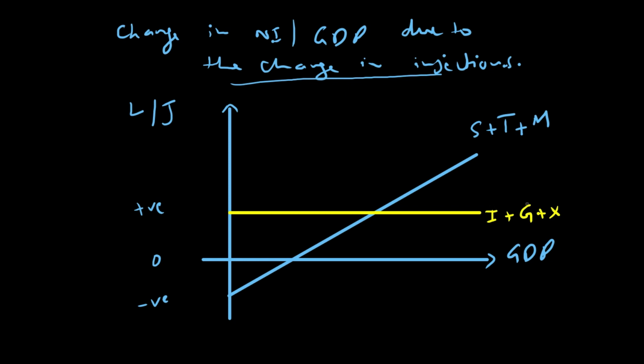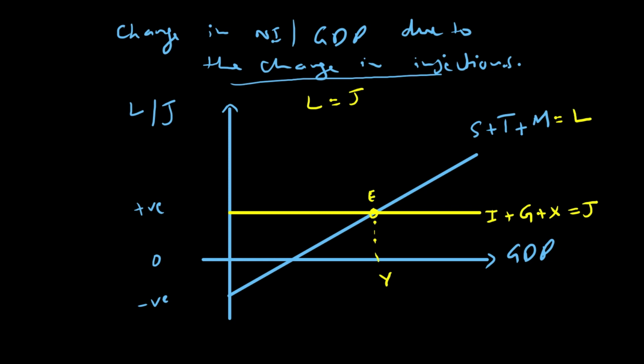If it is three sector, then investment plus government expenditure, and if it is four sector, then investment plus government expenditure plus exports. We use J for injections, and these are leakages. Equilibrium takes place where leakages are equal to injections. So leakages and injections meet each other at point E, where GDP of the country will be Y.